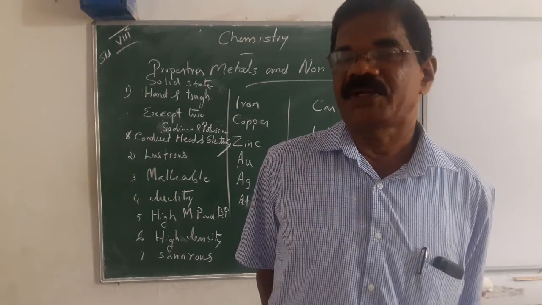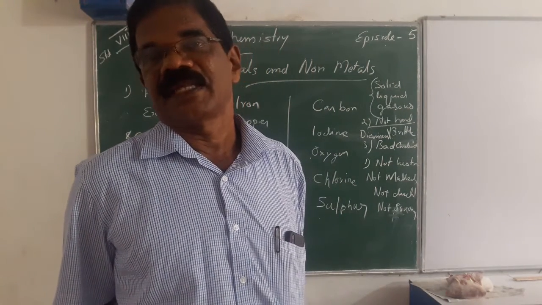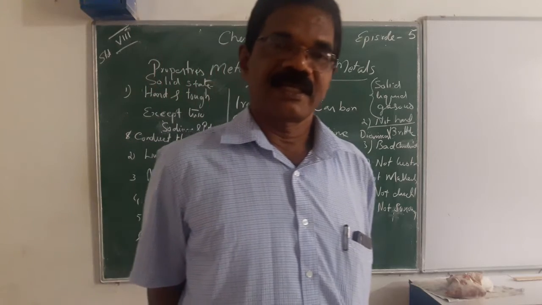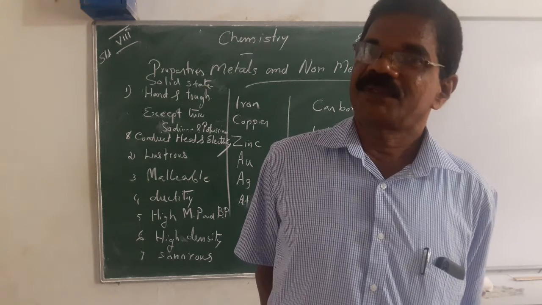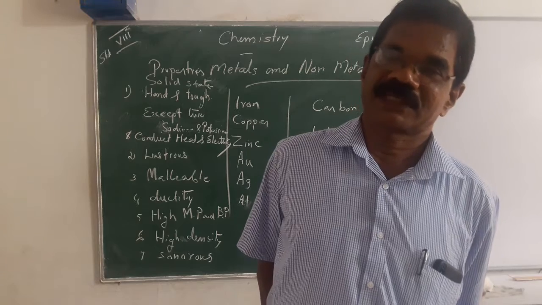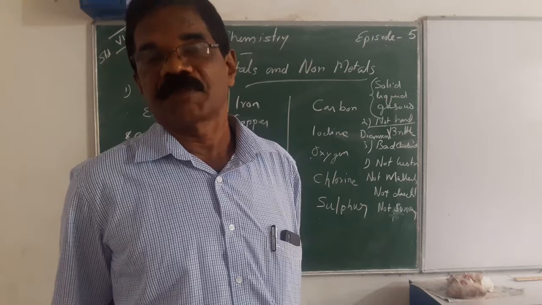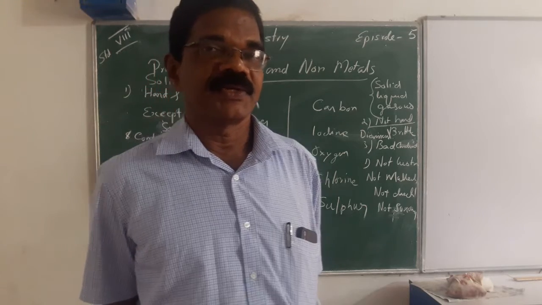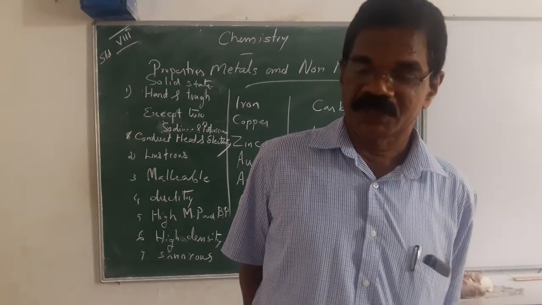Then below it, the metals with special properties, exceptions to these properties. Then the third thing is the non-metals you see or feel in your surroundings. You write down the names of the non-metals, then their general properties. Then below it, you must also write the exceptions to these properties.